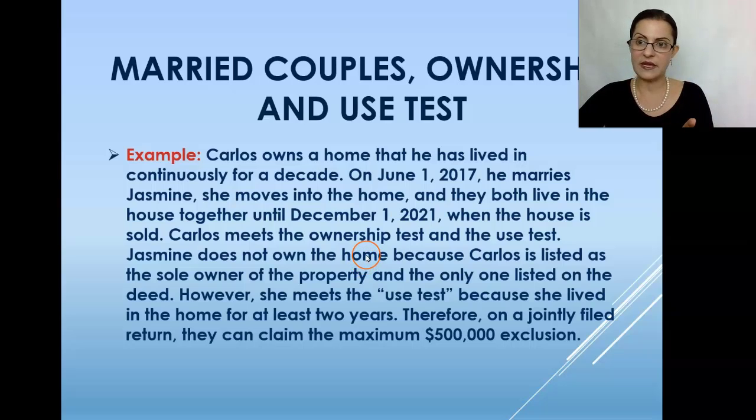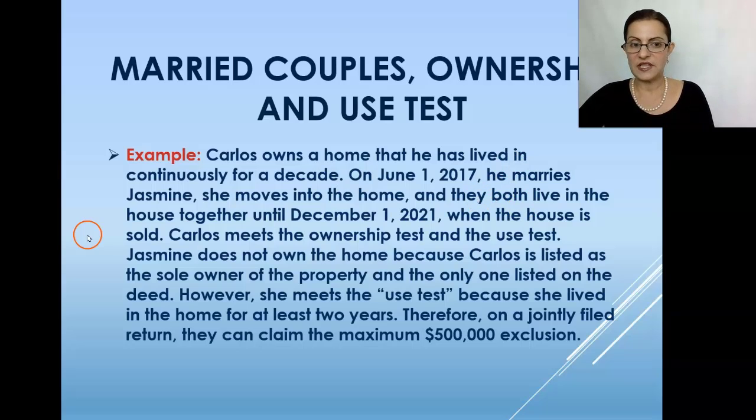In this scenario, they're married, and if they are married and they agree to file jointly, they have to file jointly in order for them to get the $500,000 exclusion. If they file separate returns, then only Carlos is going to get $250,000. They have to file jointly in order for this to work. But if they file jointly, then only one of them has to own the house, as long as they both meet the use test.